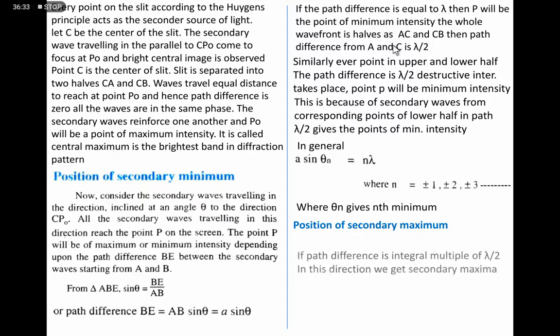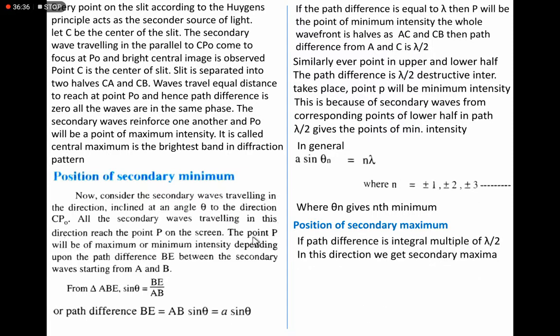Then maxima: if the path difference of waves emitted from the two halves is lambda by 2, then the maxima will be produced. So the maxima condition is (2n plus 1) lambda by 2. In our new book it is 2a sine theta equals plus or minus (n plus half) lambda.